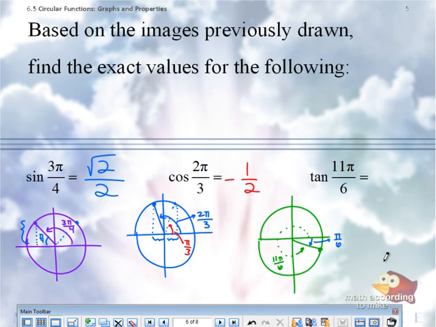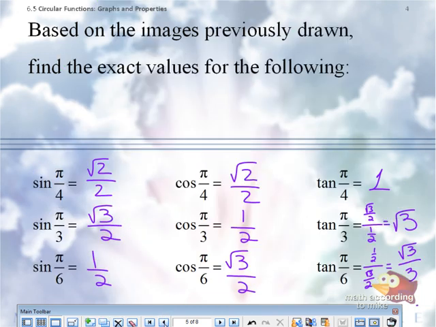So comparing it to pi over 6, according to all students take calculus, if we knew the tangent of pi over 6, would it be the same or the negative of the tangent of 11 pi over 6? The negative. So what is the tangent of pi over 6? We'll start there. Radical 3 over 3.